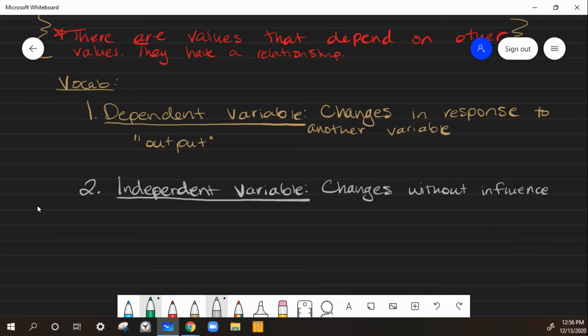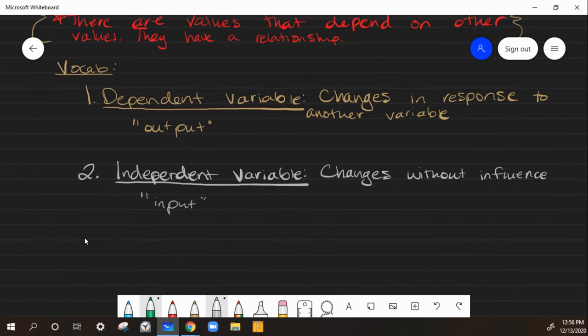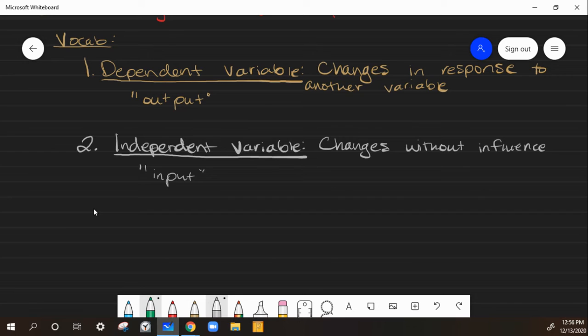Like seconds tick away, minutes tick away, hours tick away, years, 2020, I know kind of feels like it has stood still, but it really has. Time has changed, okay? And it doesn't depend on anything else. Nothing else affects time, yet it still changes. We call this our input. And again, we'll unpack that for months and months ahead of us. Okay, but these two phrases are very important for us to really grasp.